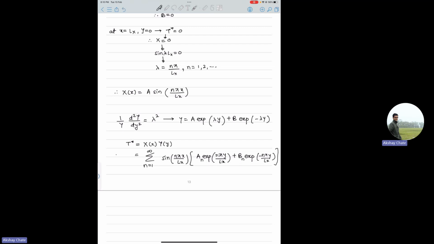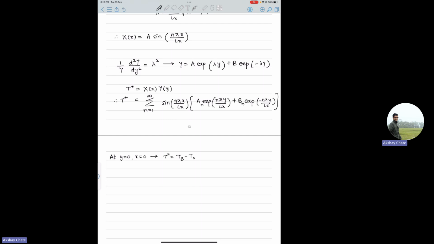So this will be your T star. Now there are two unknowns, which are these. Till this point it's all the same. It will remain the same only because the boundary conditions will cause changes hereafter. So now you have to find these two constants, and that is where it becomes tricky.